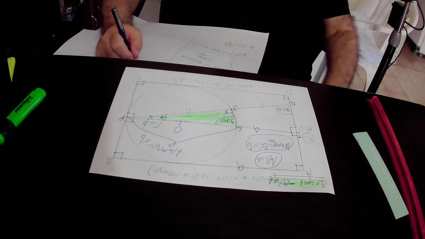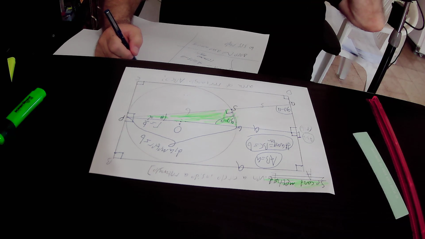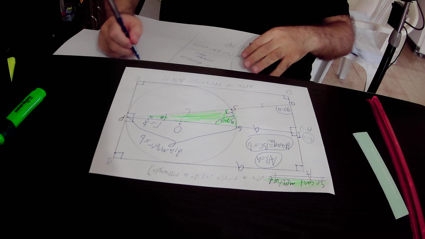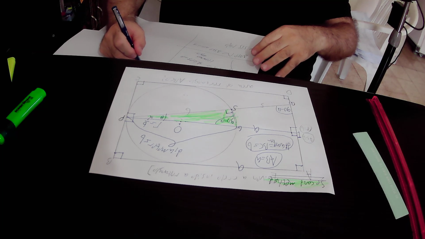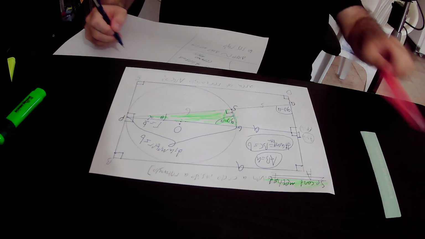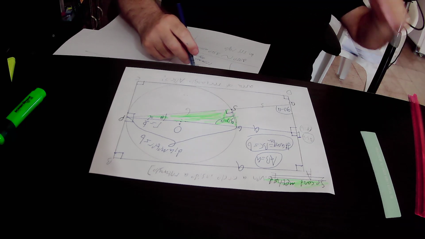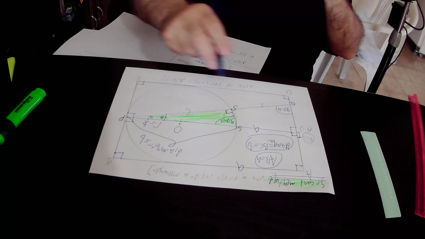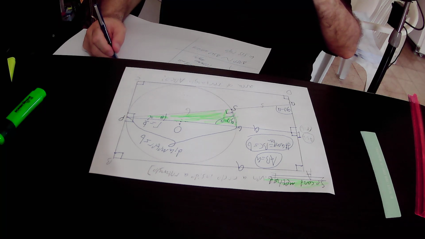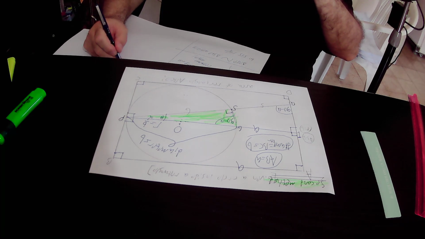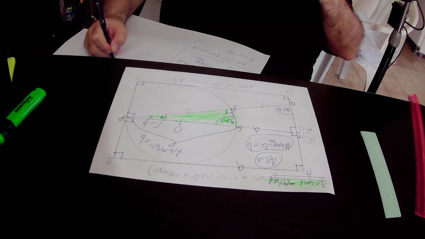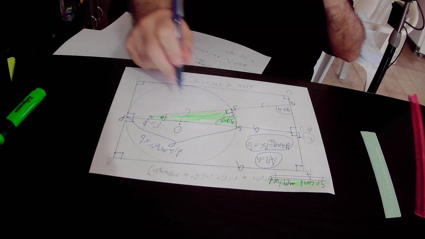TP of the big right triangle over SP of the small right green triangle is equal to QP of the big right triangle over GP.